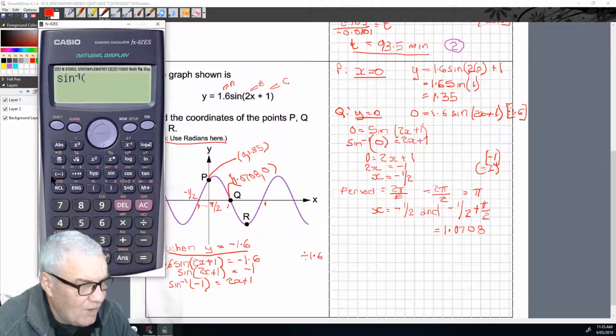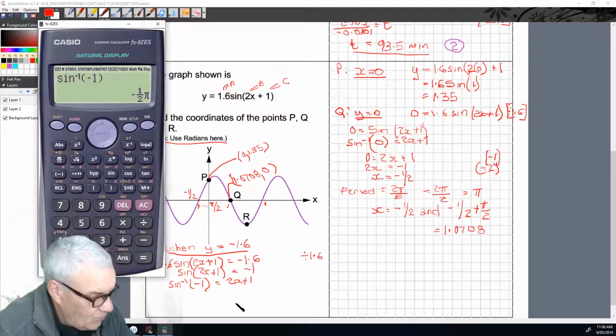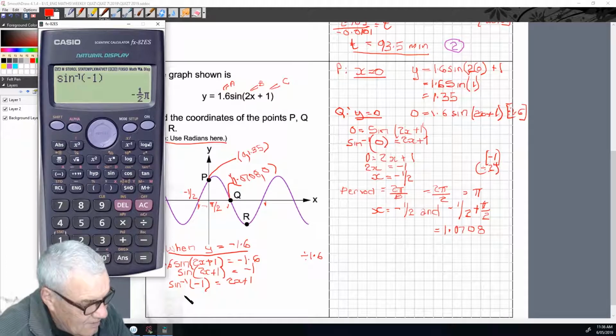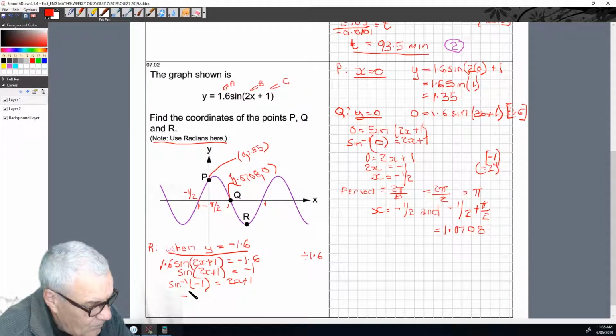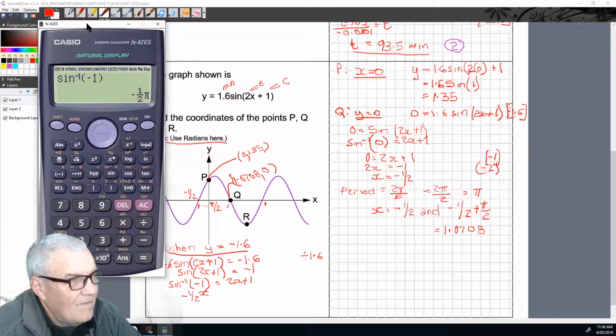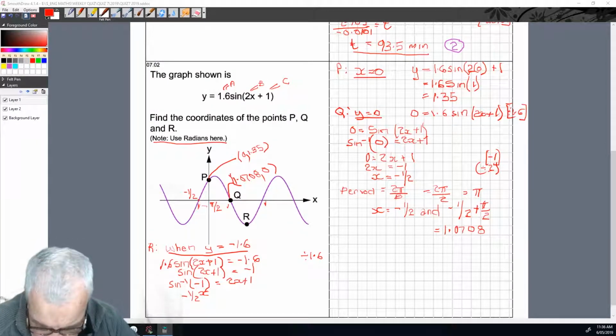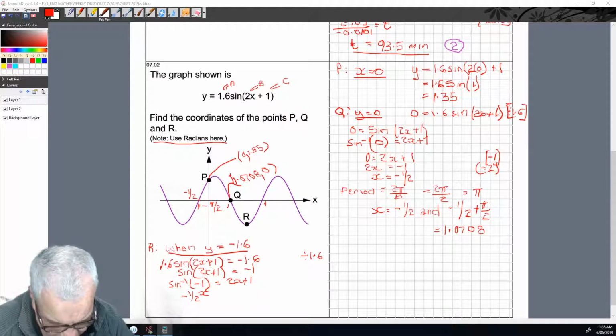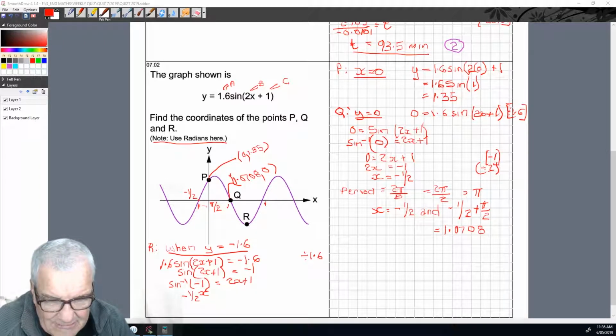Sine to the -1 of -1 equals -1/2 pi. So we get negative a half pi.